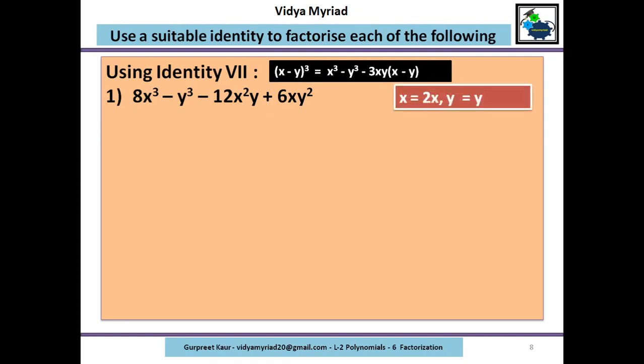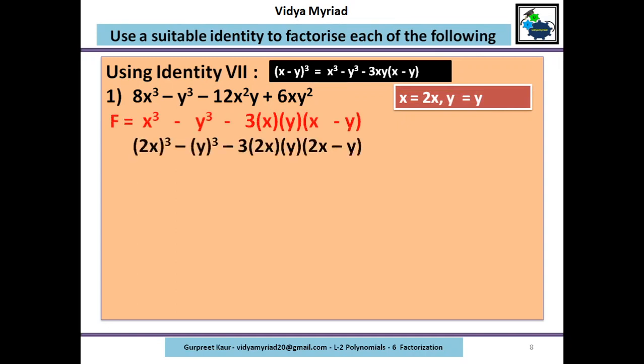Write it down in the form where x is your 2x and y is again y. I can simply put it into the formula by writing 2x the whole cube minus y the whole cube minus, take out common 3, 2x, y and 2x minus y, which means my answer is 2x minus y the whole cube.